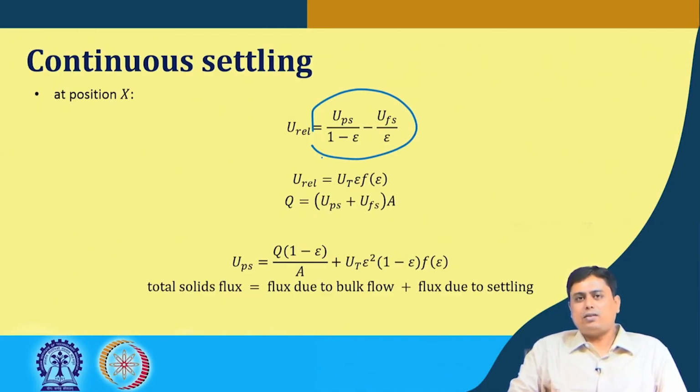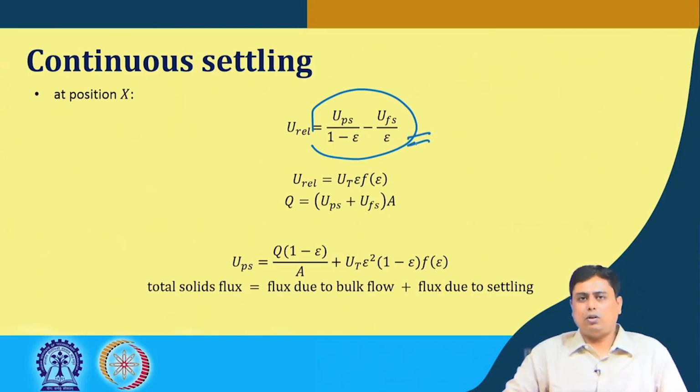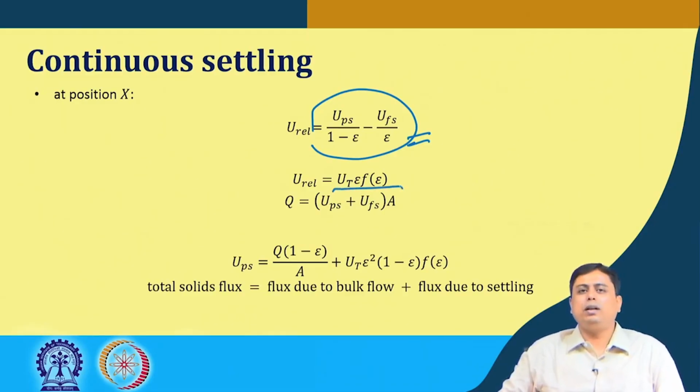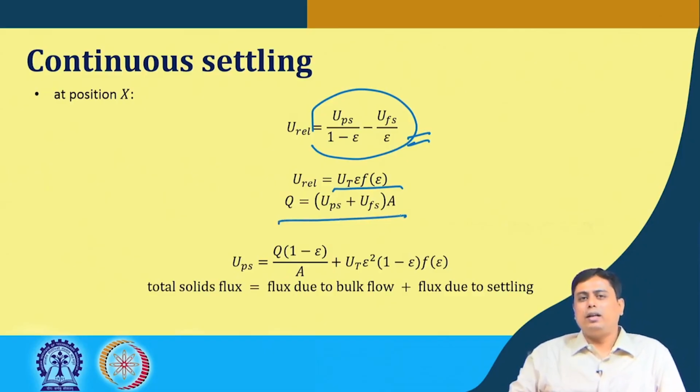So, this relative velocity is nothing but this expression at any plane x from the top, and we have seen earlier that it has a relation of ut multiplied by epsilon multiplied by a function of epsilon, and we also have seen that Q by continuity is this expression.